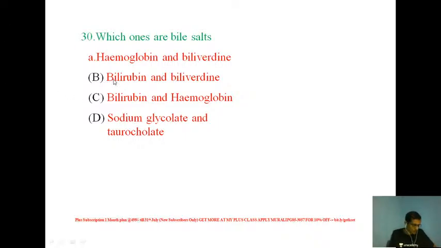So the answer for the 30th one is B. Some students gave it, Sonika, Pujita, yes, you are right, good. So bilirubin and biliverdin are the bile salts. Emulsification is done by using this, produced from the liver. So for the 30th question, B is the right answer. Okay, I think you got the answer.